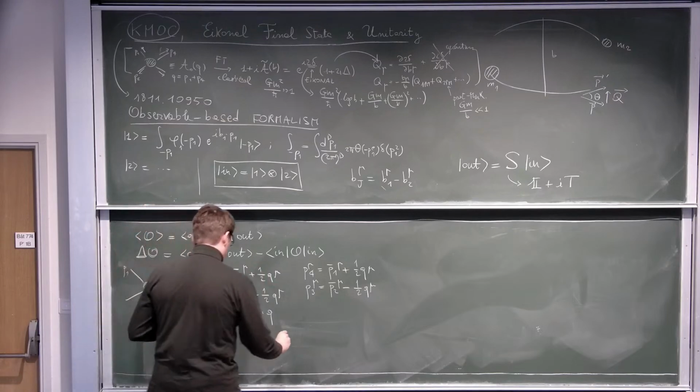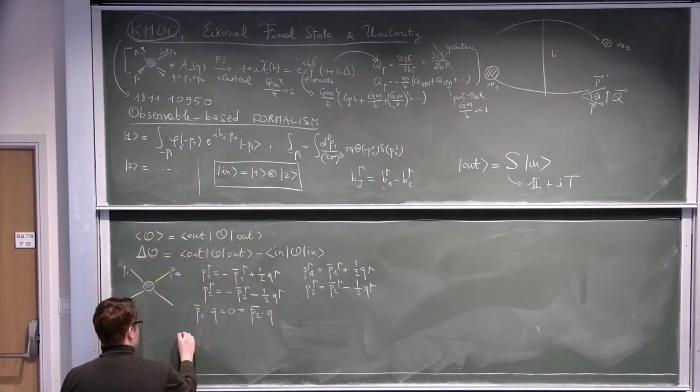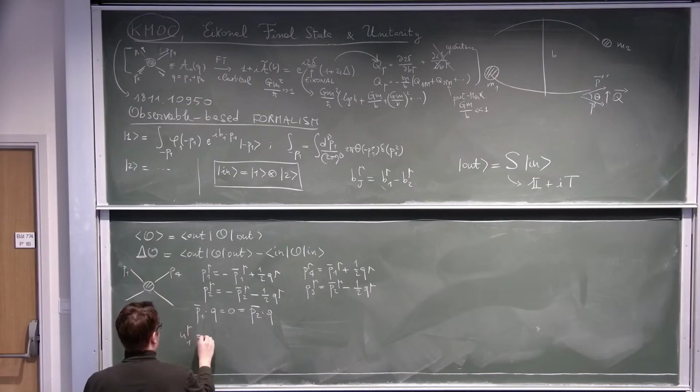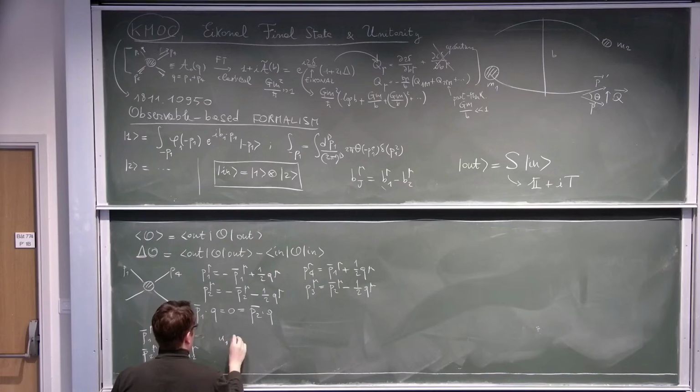And let me further introduce some velocities U1 and U2 defined in such a way that U1 bar is M1 bar, is M2. These U1 and U2 are normalized to 1 or -1 in my signature.